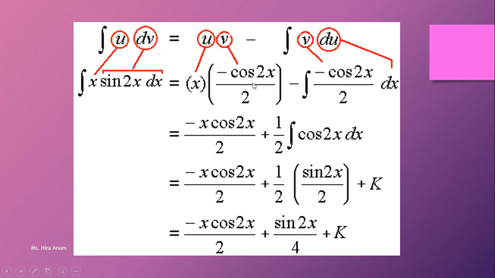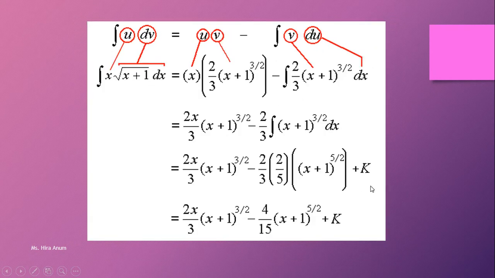Then multiplying this, minus and minus become positive, 1 by 2 integral of cos 2x, taking integration of cos 2x equals sine 2x over 2 plus k. k is any constant, so we put in k.